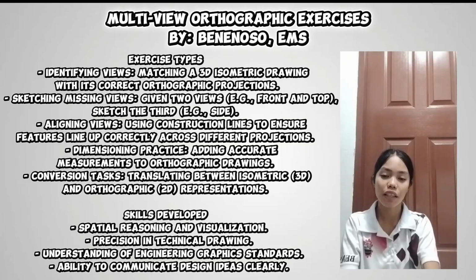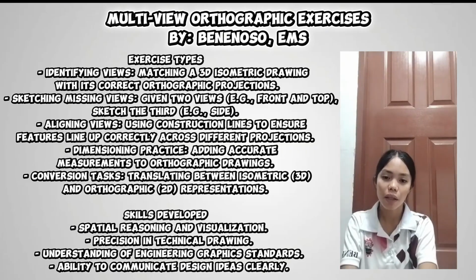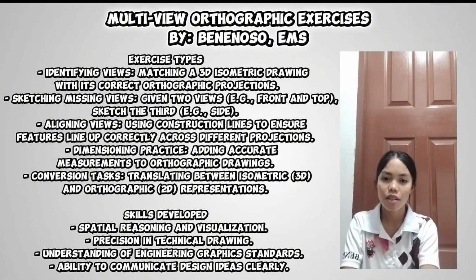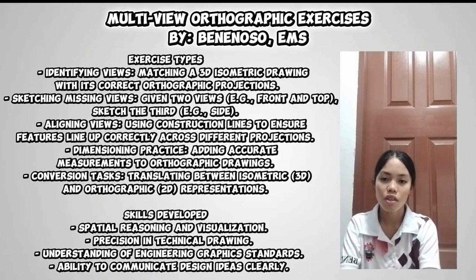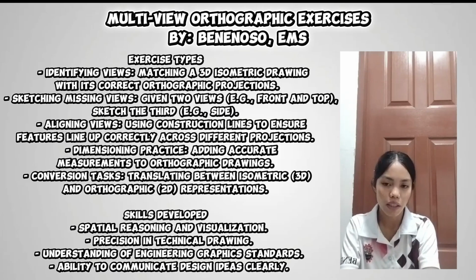So what are the skills that we are going to develop by multi-view orthographic exercises? The first one is spatial reasoning and visualization. Second, precision in technical drawing. Next, understanding of engineering graphics standards. Last, ability to communicate design ideas clearly.